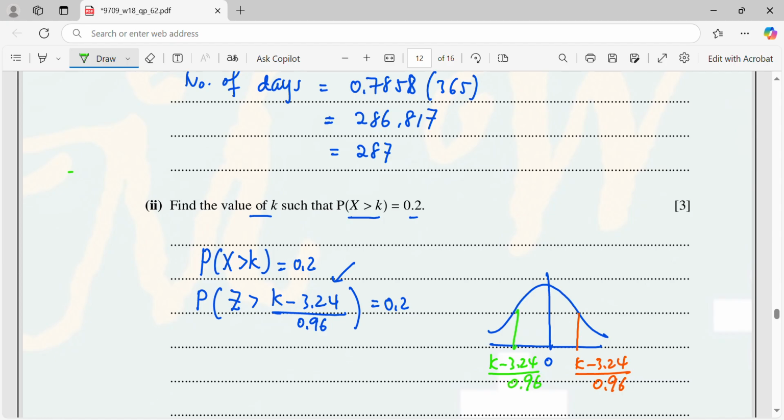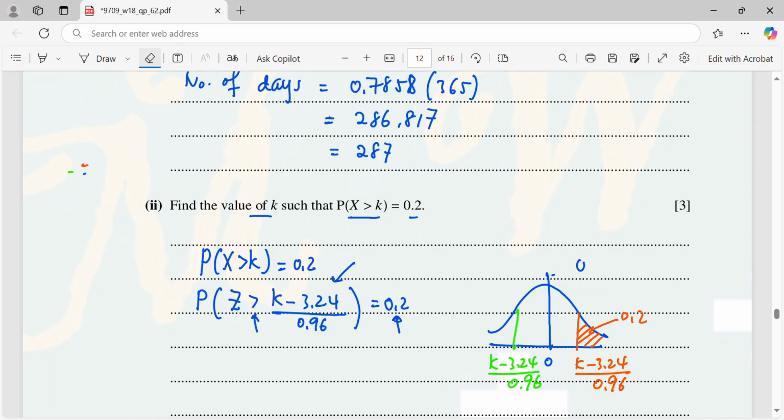But just for your information, if it is Z more than 0, this is 0.5. Now here more than means from the line onwards, and the probability is only 0.2. That means obviously here is 0.2. If you take the green color, that means it's greater than 0.5. So which means now I'm sure that my line is on the right side.